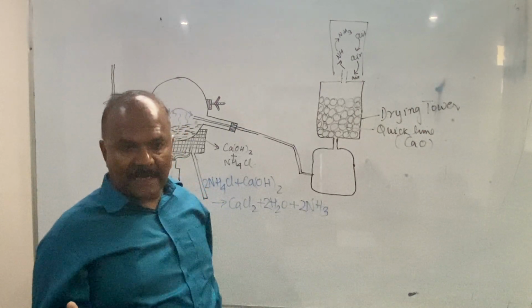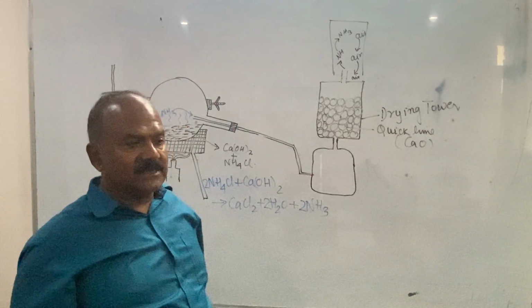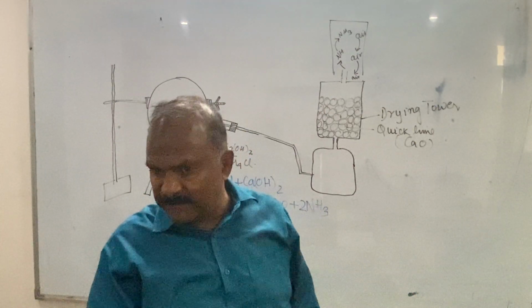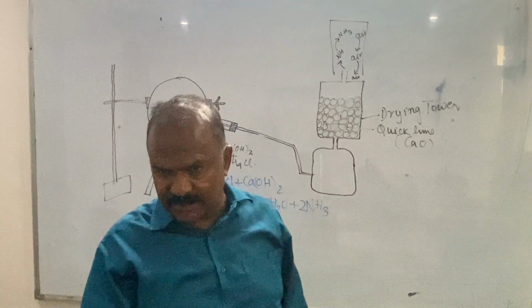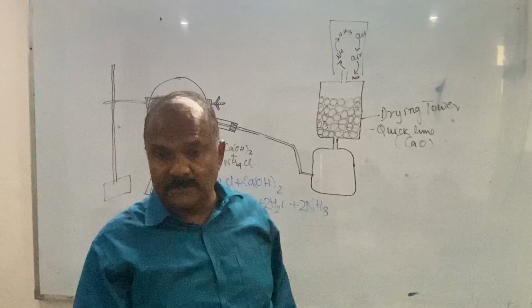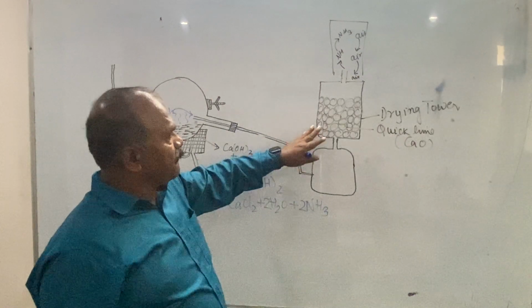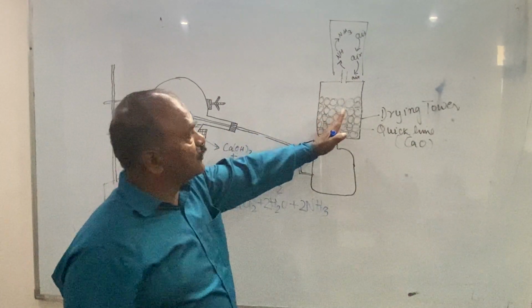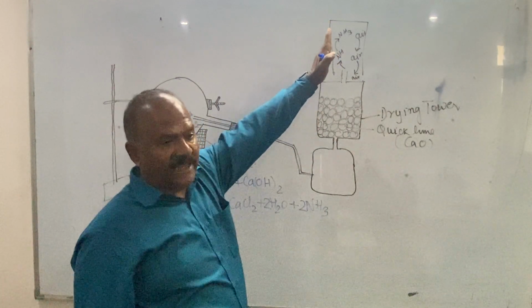Yeah, quicklime. And you know that calcium oxide is hygroscopic in nature. Hygroscopic means the one which will absorb the moisture but will not dissolve. So this will absorb the moisture and will allow dry ammonia gas to escape.